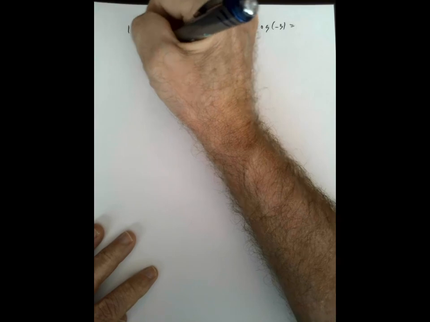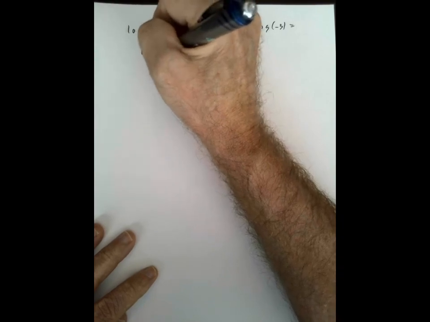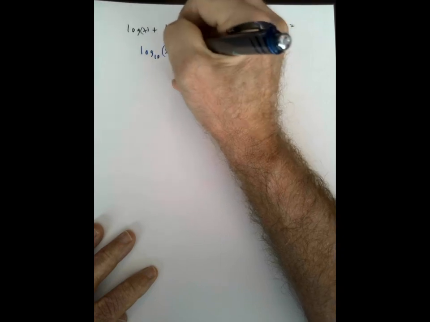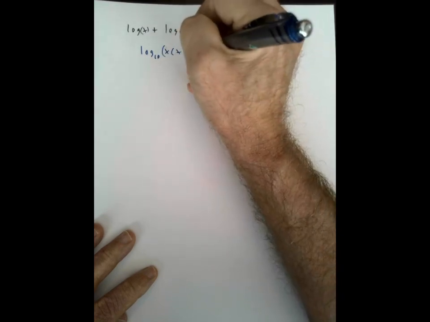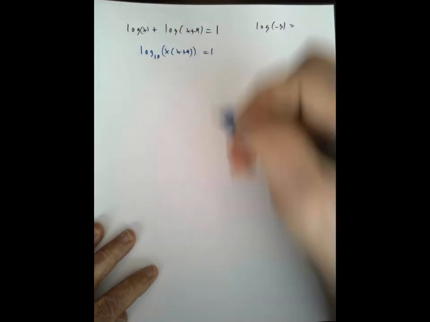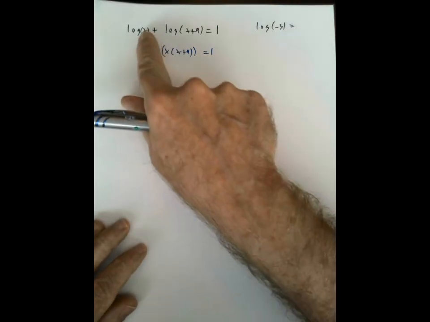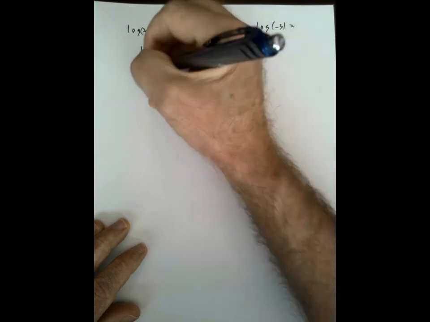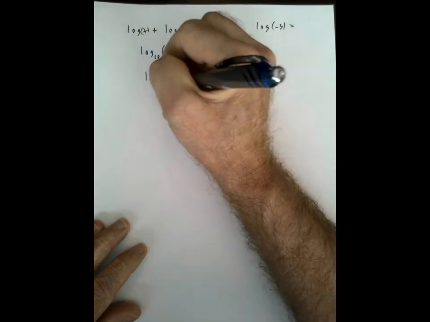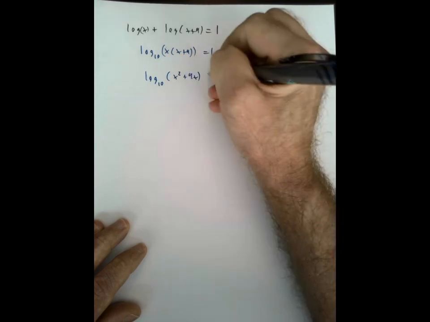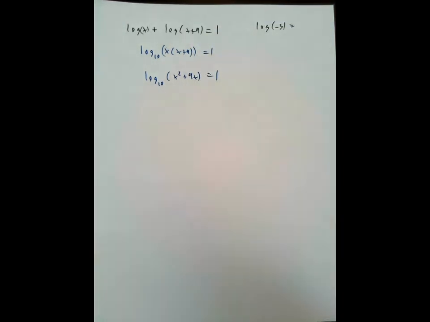So this combines to one single log base 10, because it's the common log, of x times x plus 9 is equal to 1. That gives us log base 10 of x squared plus 9x equals 1.